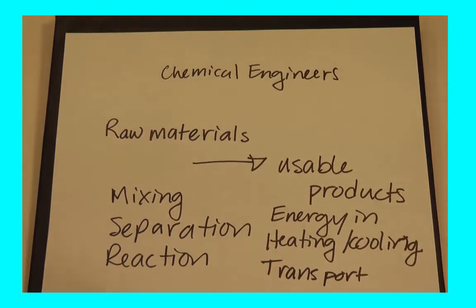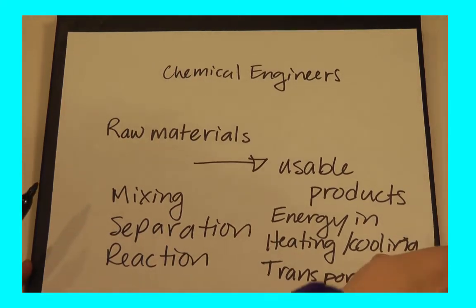Transport material. So we can think of each of these processes by relating this to things that you might see in your kitchen. Let's talk about how we would make something that you may be familiar with. Let's talk about how we could make cookies.